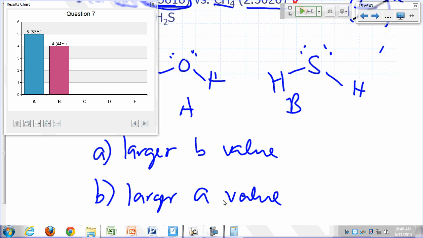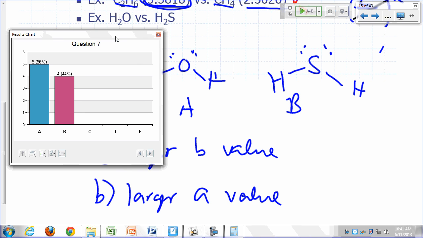Oh, 50-50, just about. Okay. Need to phone a friend. You remember what we said last time when we talked about intermolecular forces? Something about water being anomalous, right? What's the anomaly that's associated with water in terms of attractive forces?